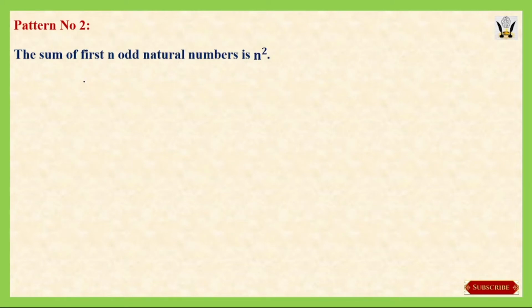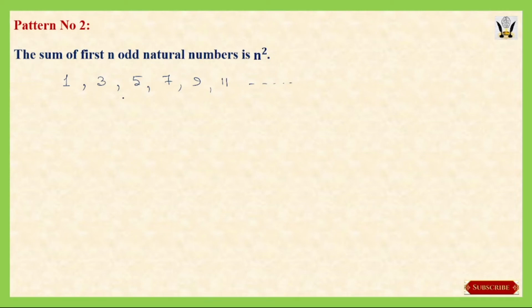The next pattern says that the sum of the first n odd natural numbers is n square. So, the odd natural numbers: let's start with 1. Then the next odd number will be 3, then 5, 7, 9, 11, and so on.